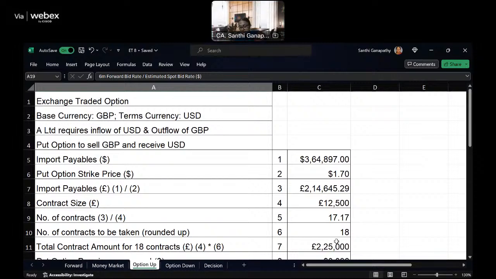Then there is a mismatch between what you want to sell and what they are accepting. Change your position. Finally, what do you want? Do you want an inflow or an outflow of which currency? Accordingly, you decide.